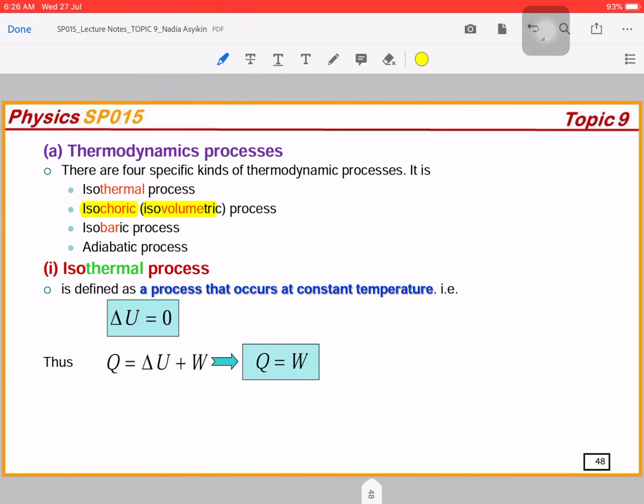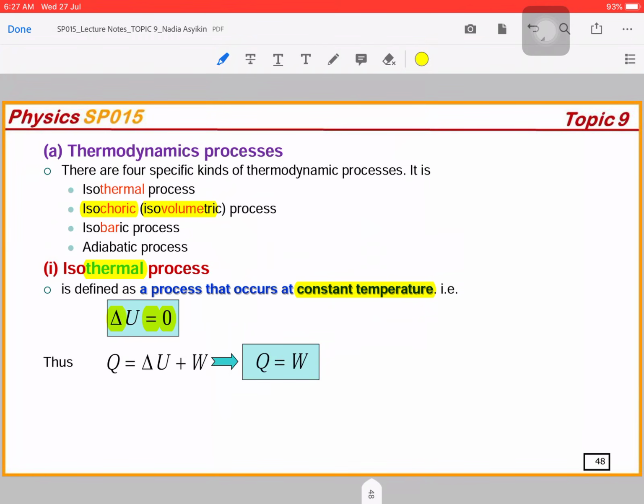Okay, isothermal process is defined as a process that occurs at constant temperature. Okay, highlight isothermal. So the word thermal means temperature in this case. Okay, isothermal. So it has constant temperature. So when constant temperature, we know that delta U is equal to 0. This one we saw earlier, right?